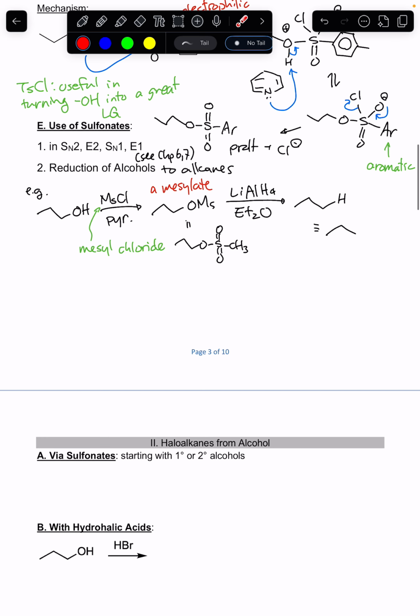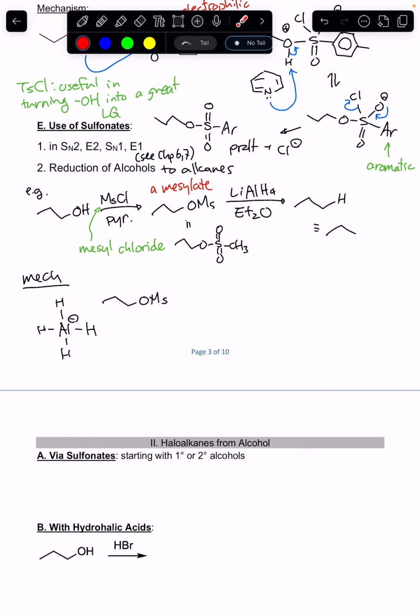Okay. Now, how does the mechanism go? The mechanism is pretty simple. Here's aluminum hydride, right? And here's the mesylate, or the sulfonate.